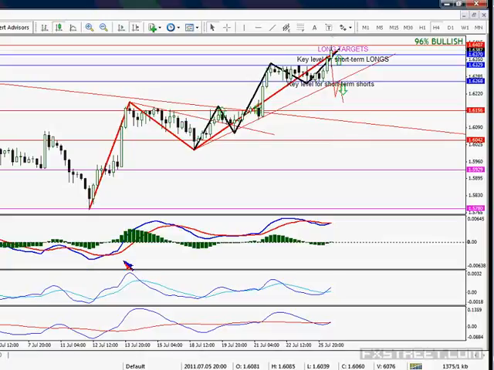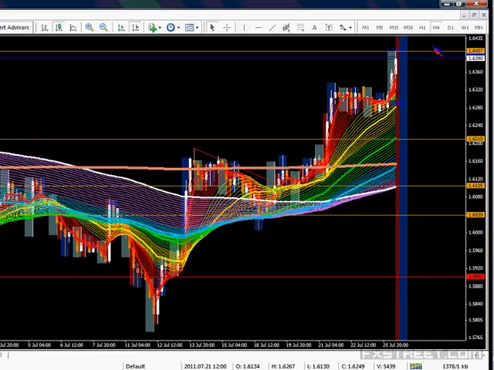Now, for shorting, it's easy to fall in the trap of trying to catch a top and just say, okay, this is it, it's top here, let's just short. Well, the problem would be not the short itself, but where would you place your stop loss?